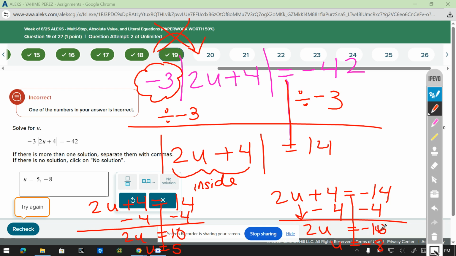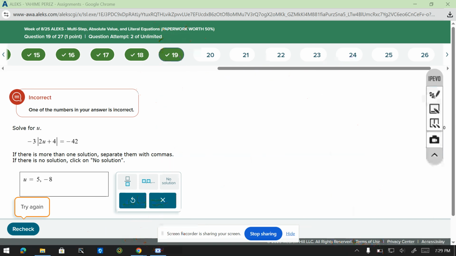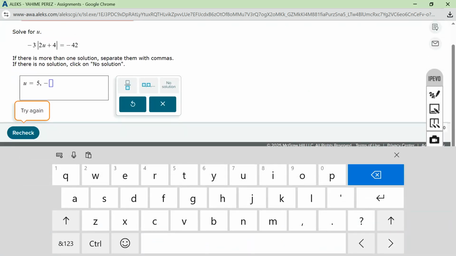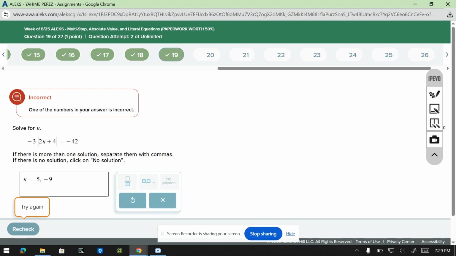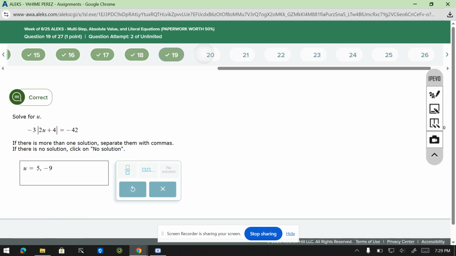Oh, sorry. This is 18, and negative 18 divided by 2 is negative 9. Negative 9. Negative 9. See, I should have not been rushing. Going on to 20.